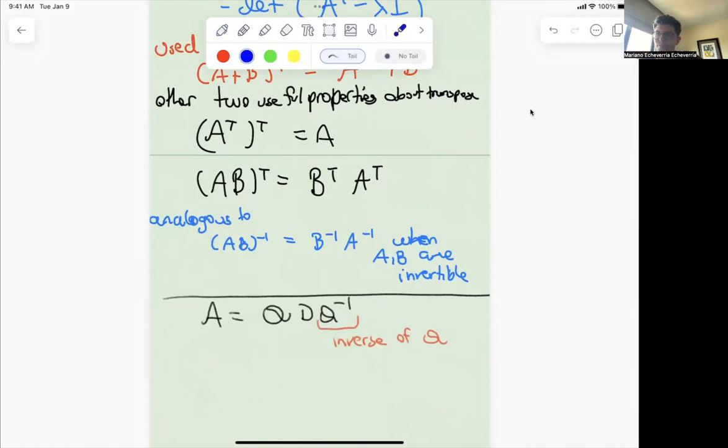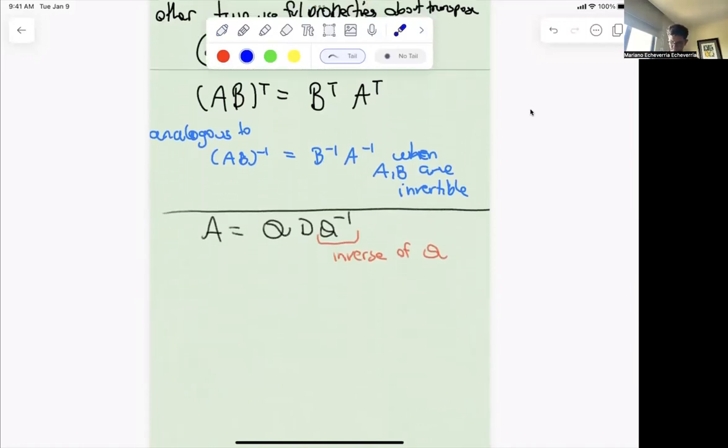Like in the homework, let's see which one it is. In homework 3, for question 2, okay, let me check.